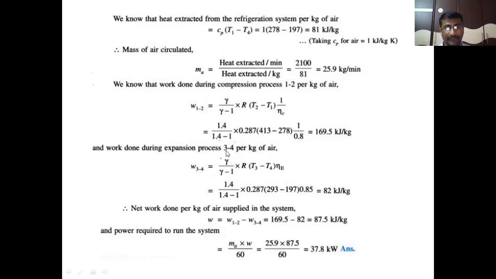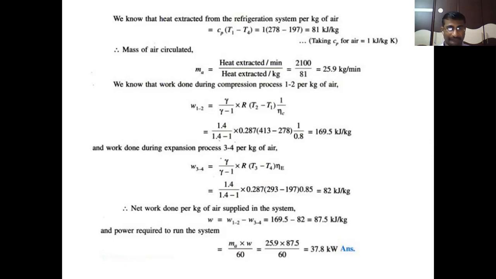Work done during the expansion process 3-4: the ideal work produced by the turbine is gamma by gamma minus 1 into R into (T3 minus T4). But the actual work produced by the turbine is the ideal work multiplied by the efficiency of the expander. Otherwise, efficiency is the actual work divided by the ideal work. Clear, students?